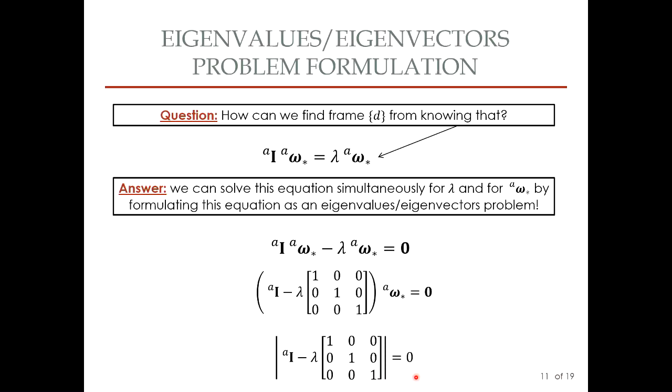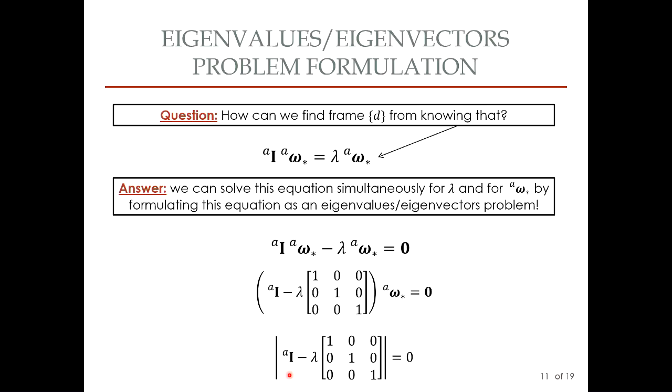And the answer is yes, because your matrix I that you start with is symmetrical. It is symmetrical because it is an inertia tensor, and by definition it is symmetrical. And because of this symmetry of I, from linear algebra, you know that I is diagonalizable, which means it is similar to a diagonal matrix.